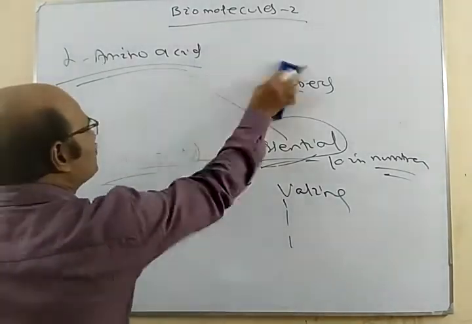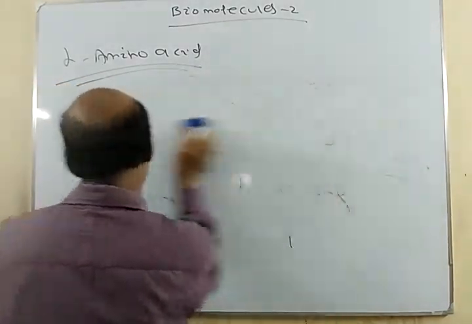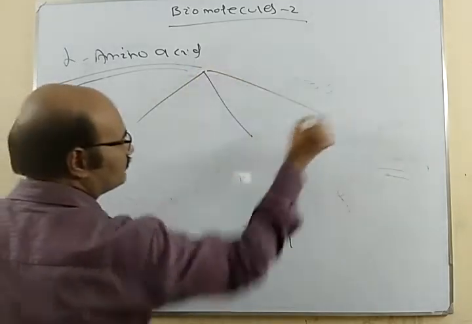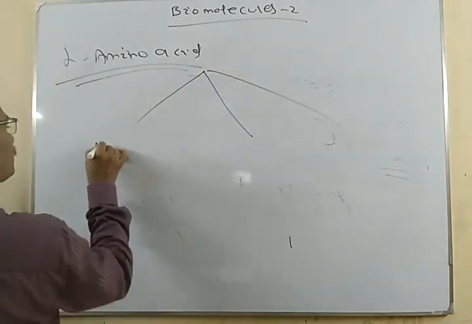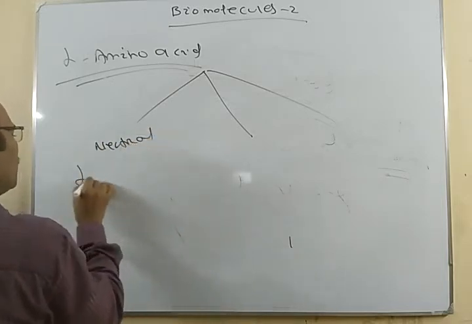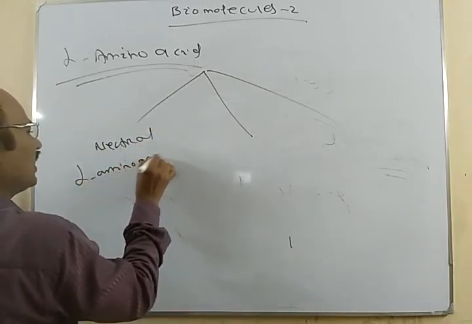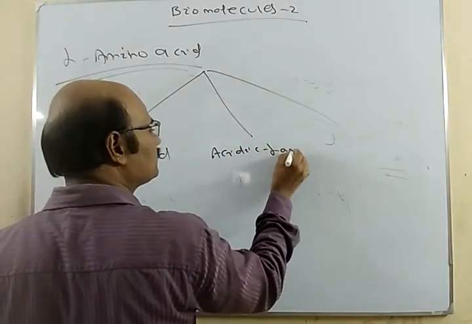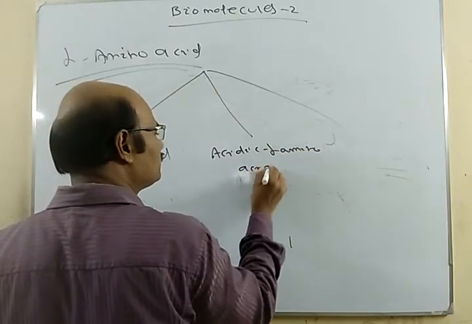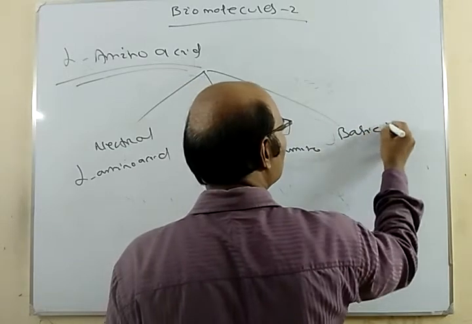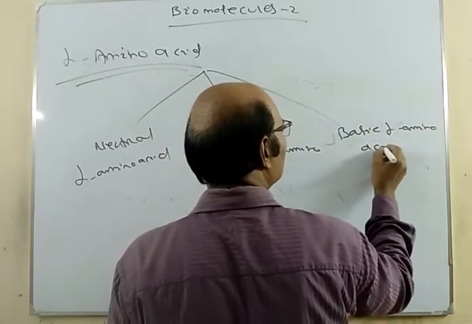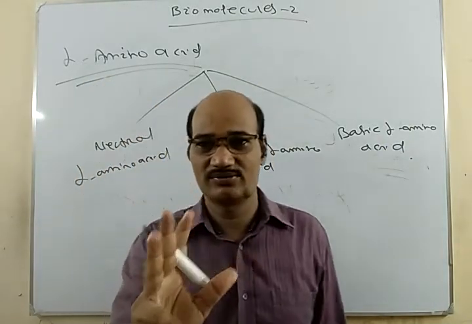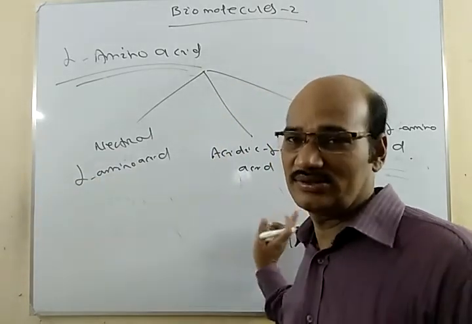Now, these alpha amino acids can be classified into 3 categories: neutral, acidic, and basic alpha amino acids.